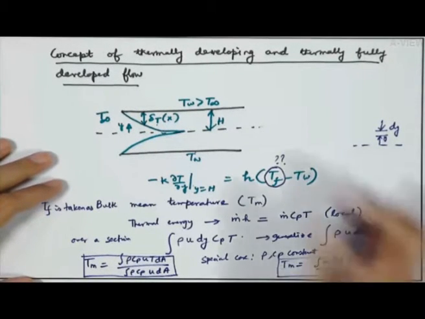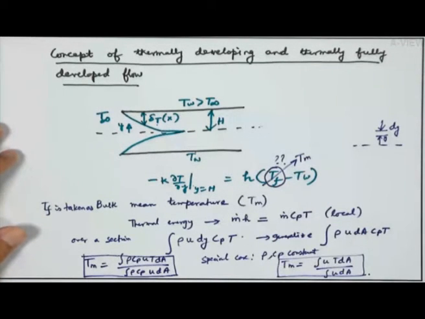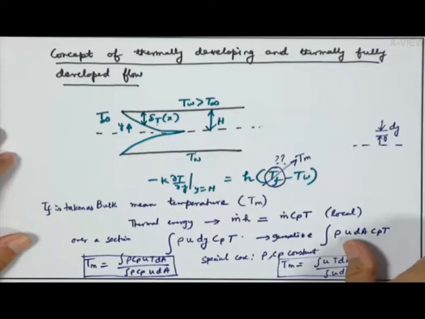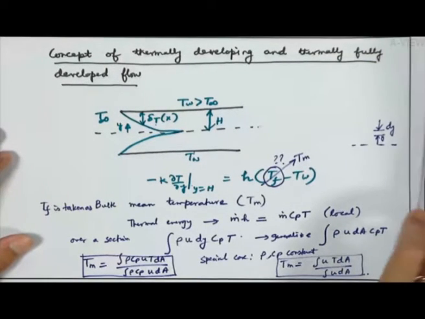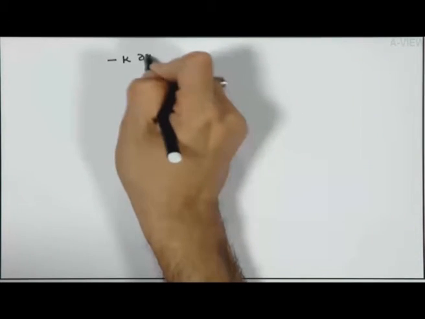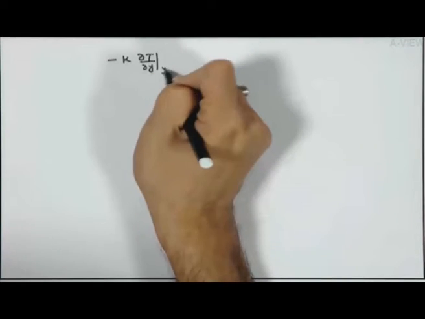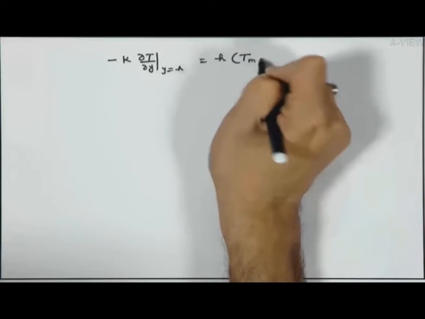So, with this understanding, this Tf now becomes Tm. So, let us write the expression here again. Minus k del T del y at y equal to h is equal to h into Tm minus T1.